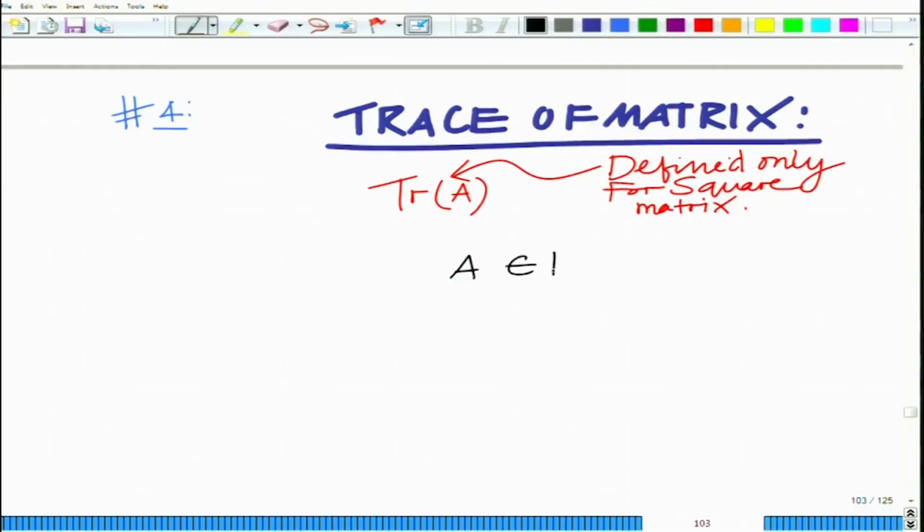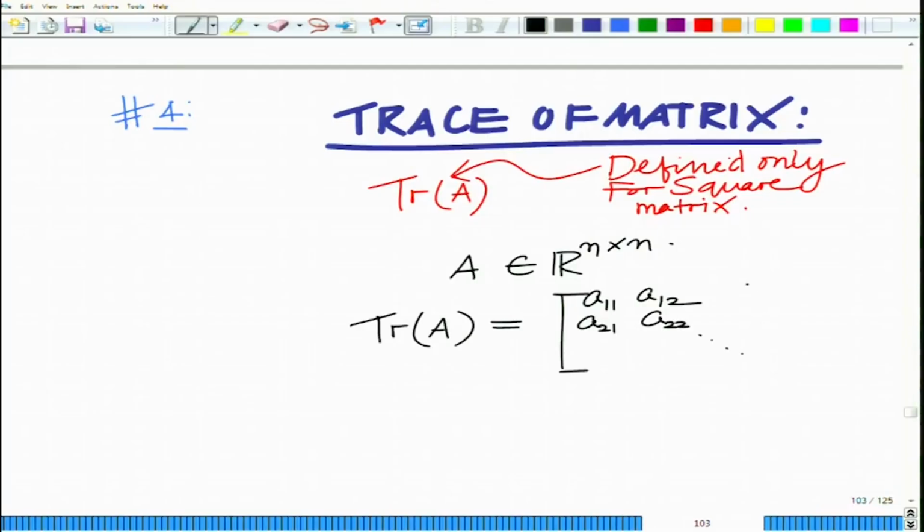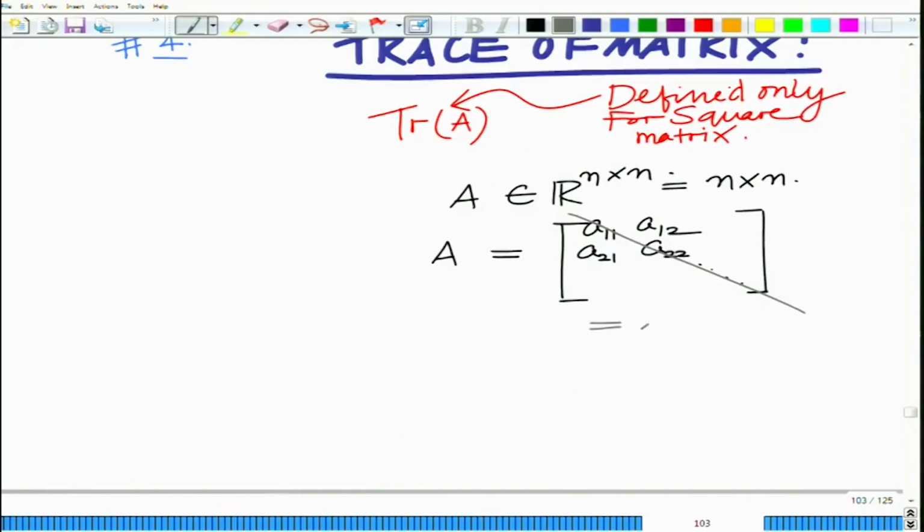So, if A is an n cross n square matrix, the trace of A is the sum of its diagonal elements.